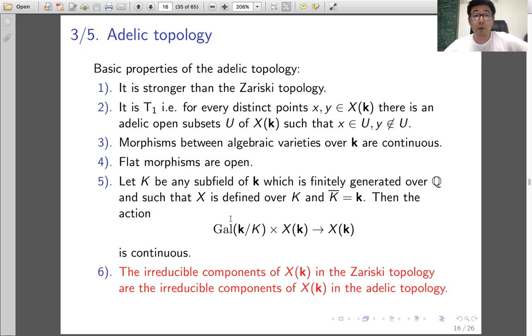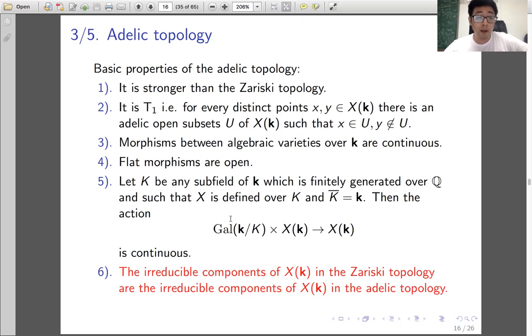Morphisms between algebraic varieties over K are continuous. Flat morphisms are open. Let k be any subfield of K which is finitely generated over Q, and such that X is defined over k, k bar equal to K. Then the action of the Galois group of K over k on X(K) is continuous.